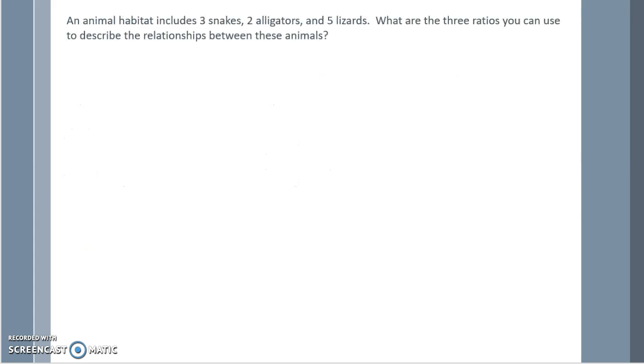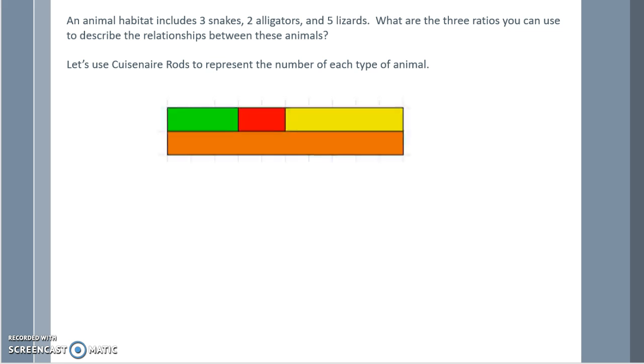An animal habitat includes 3 snakes, 2 alligators, and 5 lizards. What are the 3 ratios you can use to describe the relationships between these animals? We're going to use Cuisenaire rods to represent the number of each animal type. So I went to our interactive Cuisenaire rods, which is located again in the manipulative folder.